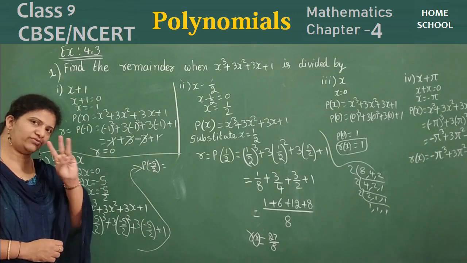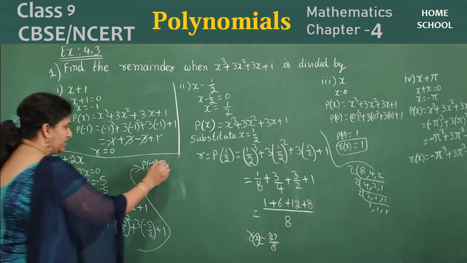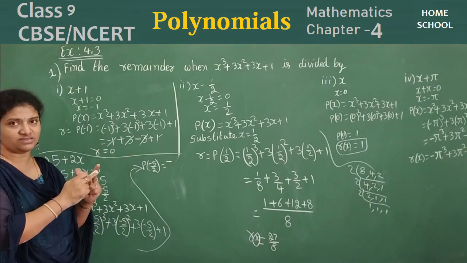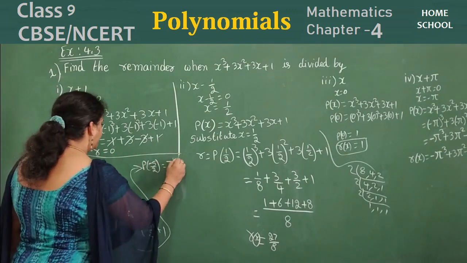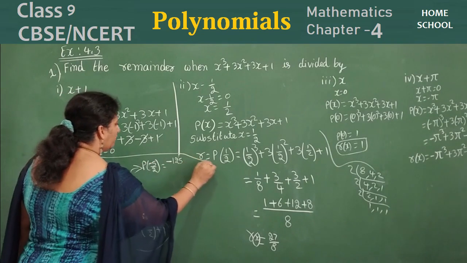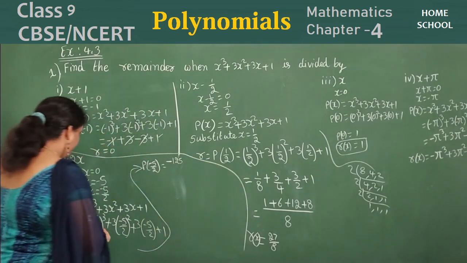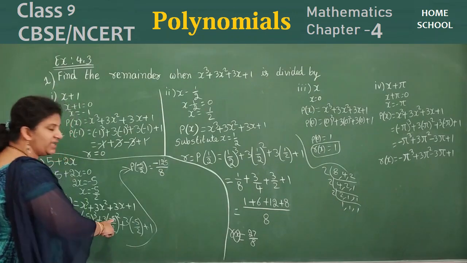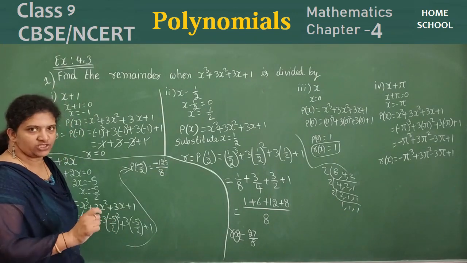Minus, if you multiply 3 times, it will be minus 5 cube. 5 5s are 25, 25 5s are 125. 125 by 2 cube is 8. So next, minus 5 by 2 whole square, children.